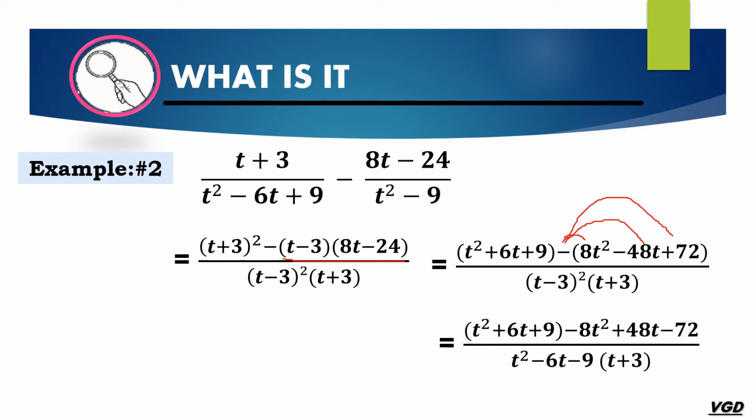So we will have this negative 8t squared plus 48t minus 72. So our new expression is the quantity of t squared plus 6t plus 9 minus the quantity of 8t squared plus 48t minus 72 over t squared minus 6t minus 9 times the quantity of t plus 3.